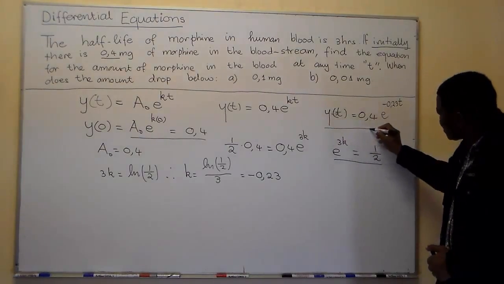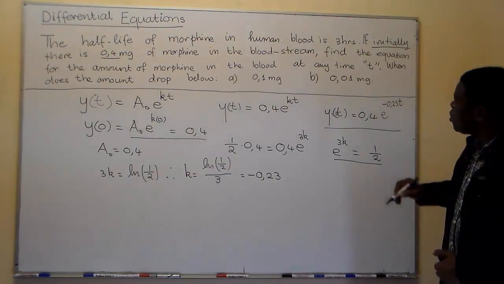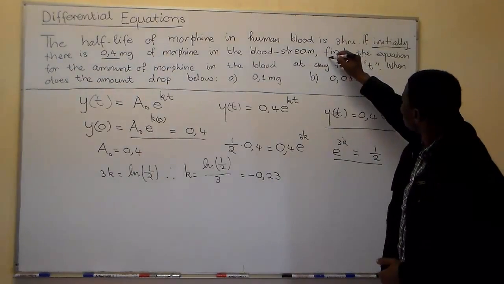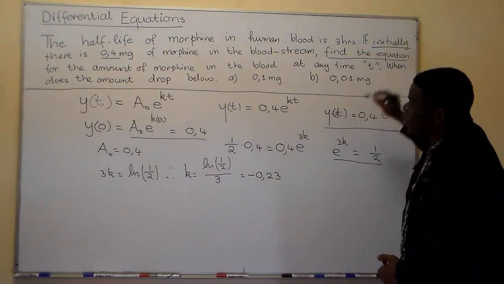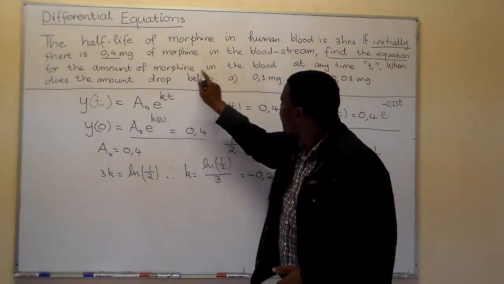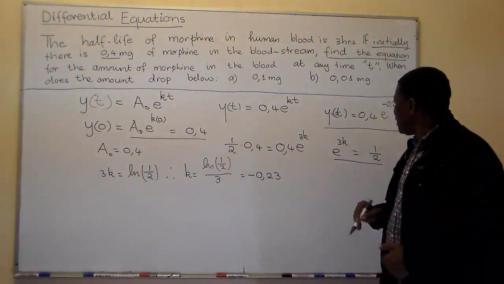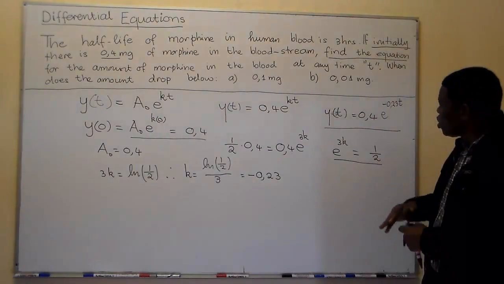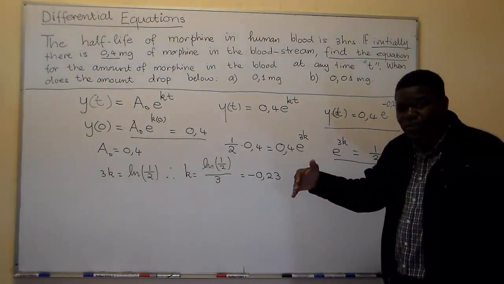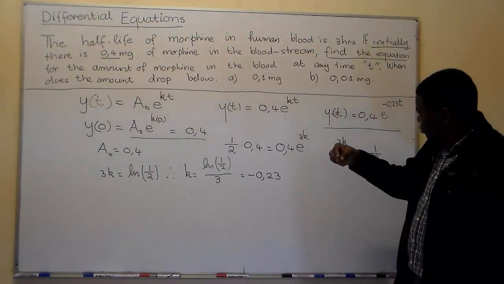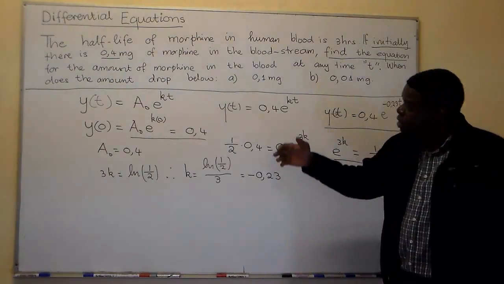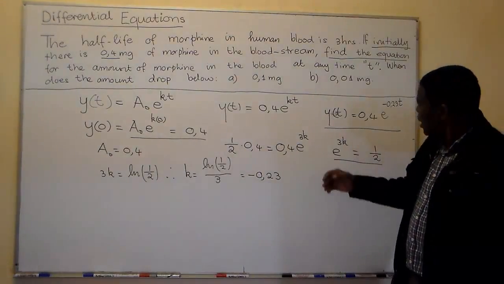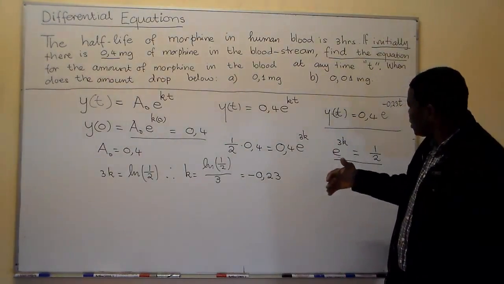So this is our expression which answers the question, find the equation of the amount of morphine in the blood at any time t. So this is the expression which you can now use to predict what will be the amount of this drug in the bloodstream at a certain time in the future.